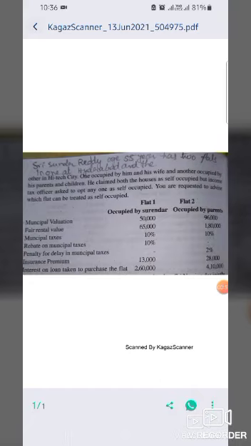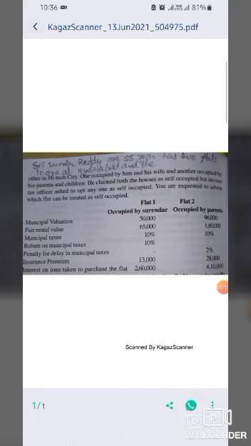Municipal valuation of the first flat is 50,000 and the second flat is 96,000. Fair rental value of the first flat is 65,000 and the second flat is 1,80,000. Municipal taxes are 10% for the first and 10% for the second. There is a rebate on municipal taxes of 10% for the first, and no rebate for the second flat.